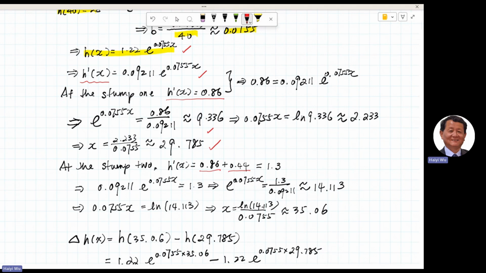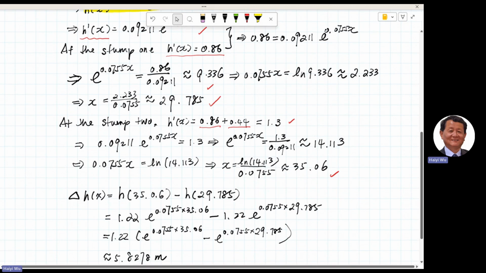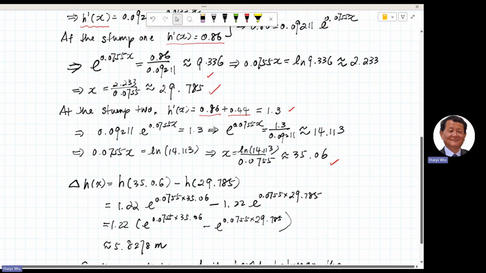So we add that to the original 0.88, and the second stump gradient is 1.3. We substitute into the equation and solve for x. The second x is 35.06, using a graphics calculator.